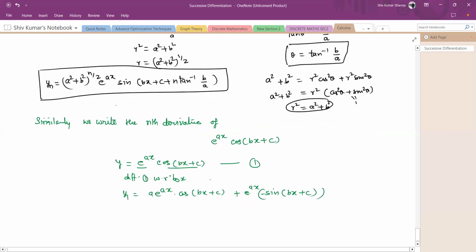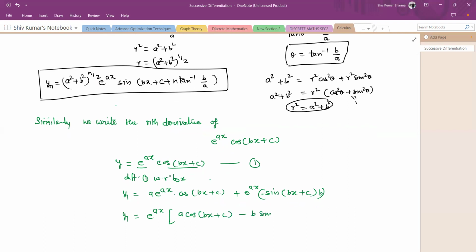Similarly, we write y1: e raised to the power ax taken as common, and the differentiation of bx plus c is b. So we write a cos bx plus c minus b sine bx plus c.